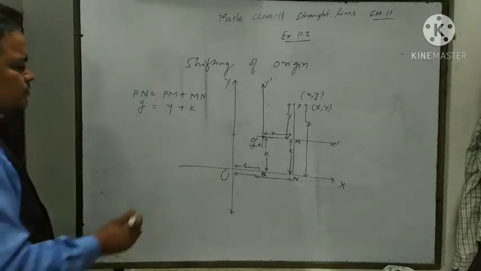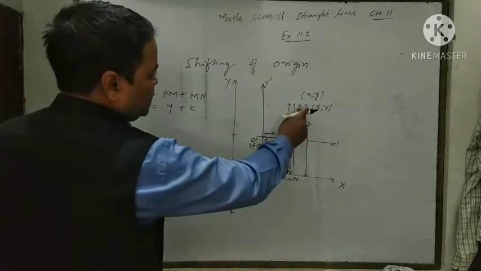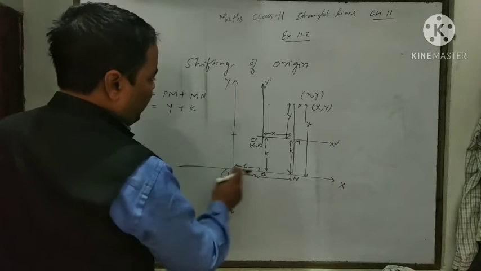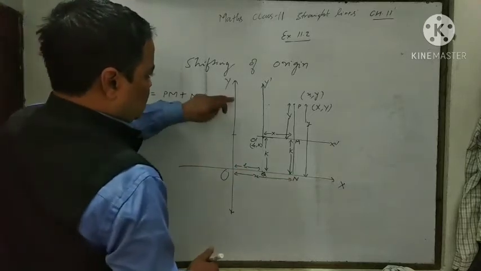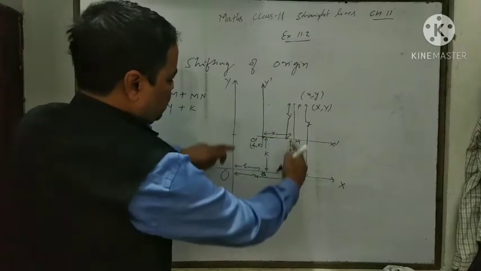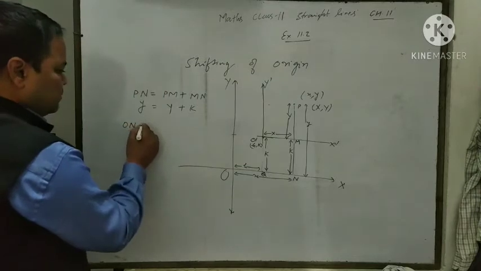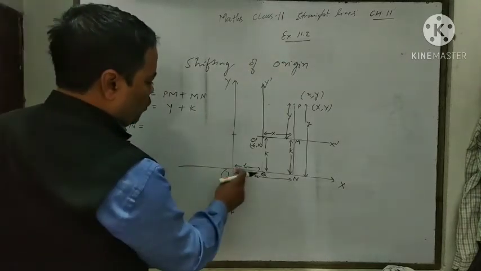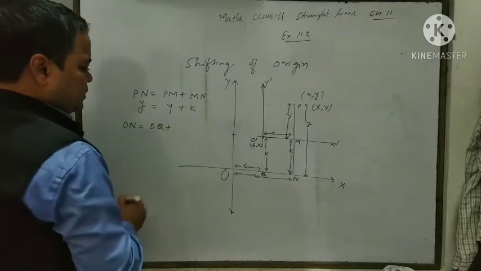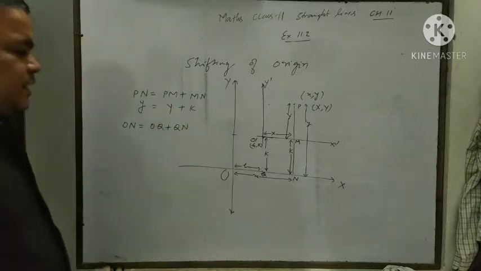Similarly, we can find that here this is ON. What can we write? ON, because the distance from the y-axis to this point is ON. Here ON is equal to OQ plus QN.